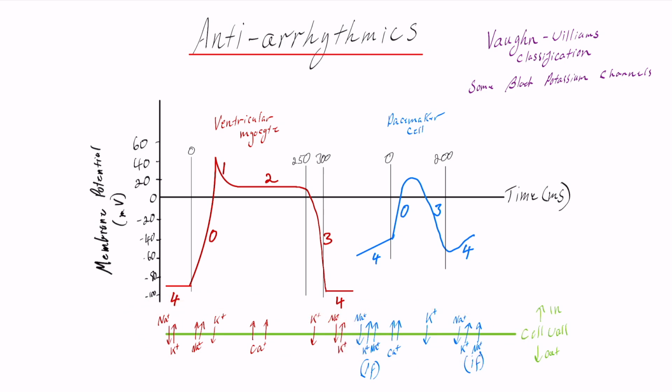So as you can see here with the ventricular myocyte, you have a resting membrane potential, which is about -90 millivolts, and that's phase 4 of the ventricular myocyte action potential. This is maintained by sodium-potassium ATPase, which moves 2 sodium out for 1 potassium in, so it maintains this negative membrane potential around -90 millivolts.